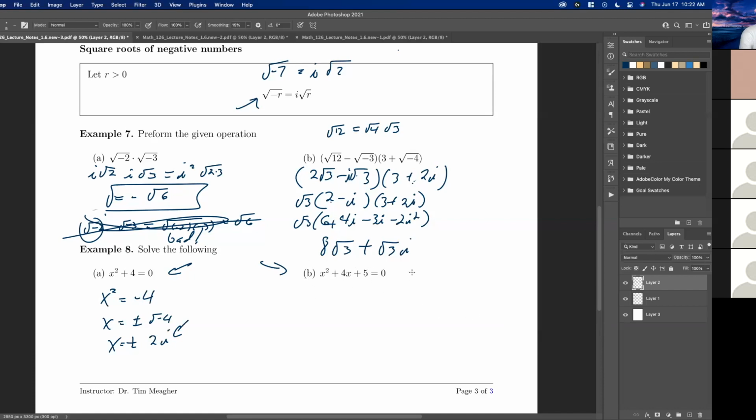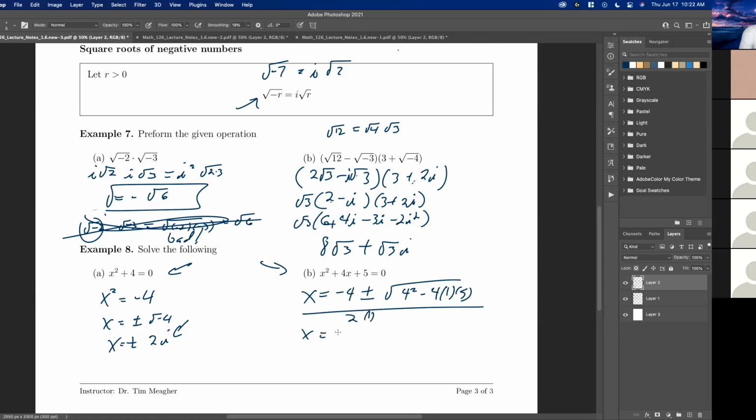Here, if we do this, we can't compute this directly, and so we just throw it to the quadratic formula. So negative 4 plus or minus the square root of 4 squared minus 4ac, all divided by 2a, which is just 2.